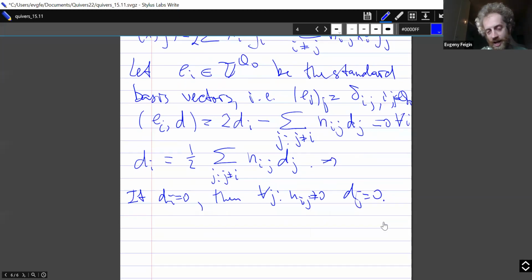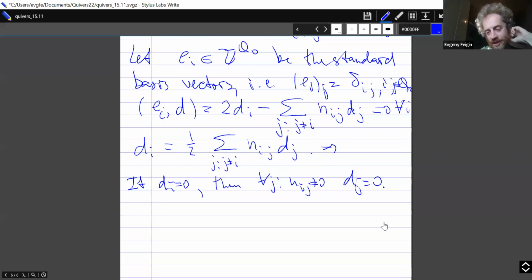So if we have an arrow connecting two vertices, then vanishing of the coordinate at one vertex implies the vanishing of the coordinate at the other vertex.